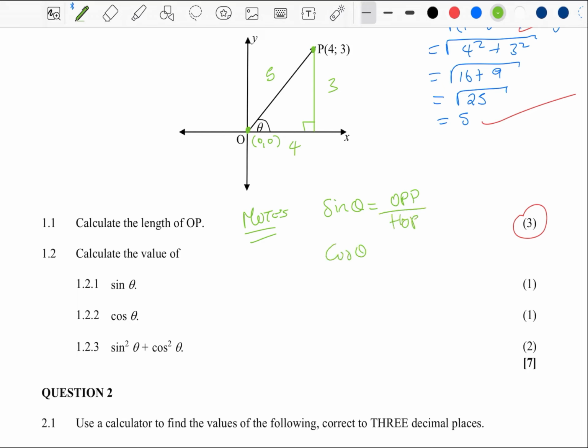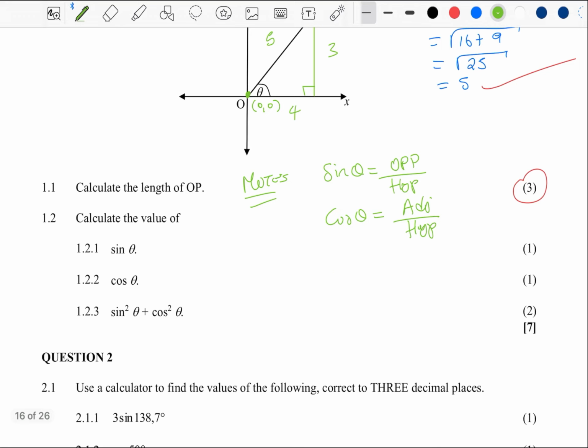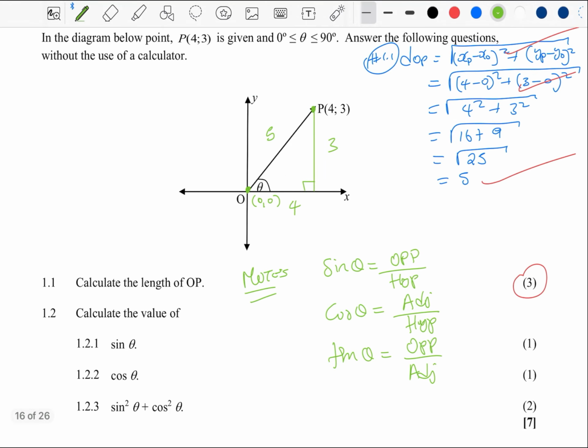Okay, and cos theta is equal to the adjacent side of theta over the hypotenuse side of theta. And tan theta is equal to the opposite side of theta over the adjacent side of theta. Okay, so these are the notes that you need to know by heart. And the way of remembering this, whatever way that you use, that's still fine, as long as you know it.